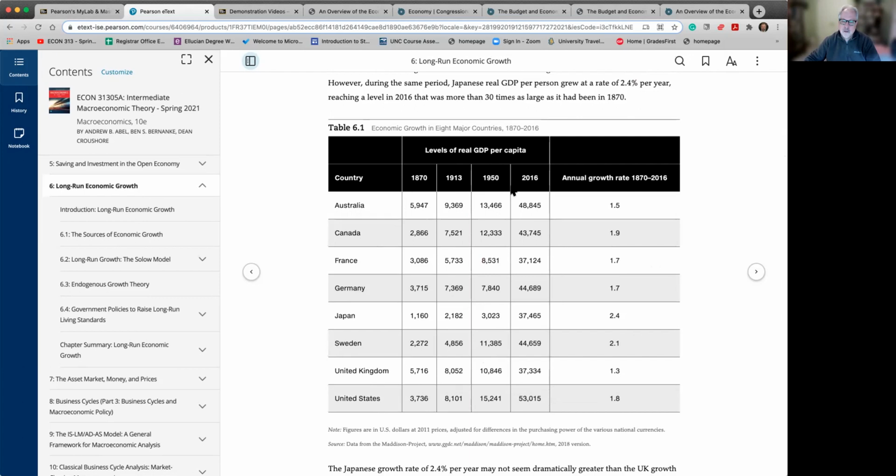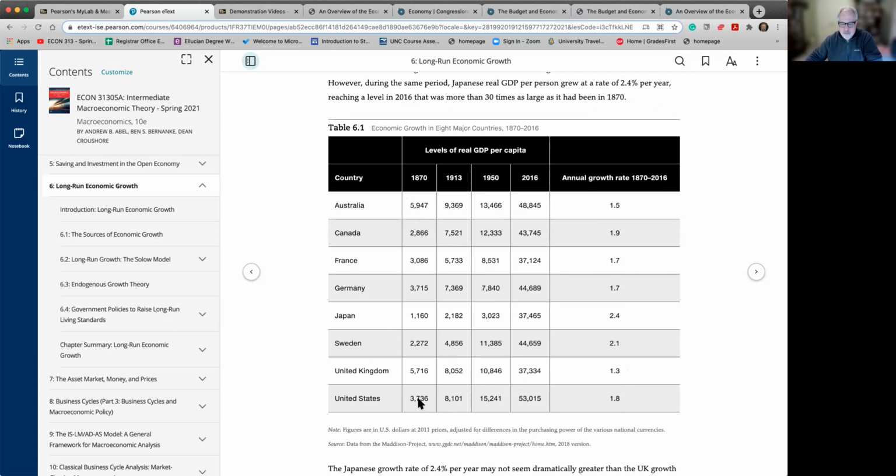So you can see that in 1870, the UK and Australia are leading the pack in terms of the standard of living, in terms of real GDP per capita, per person, right? So Australia, since then, through 2016, we're at about 1.5%. The UK about 1.3%. But notice that the US is growing at 1.8%.